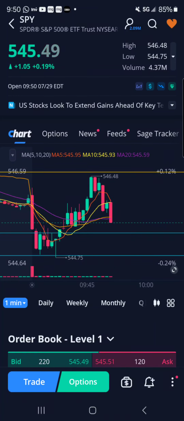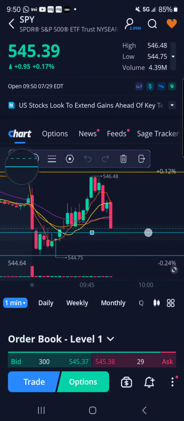All right, so right now it's getting weak. The sellers are really getting in and they're aggressive. So this is our entry level. This is where we got in on this trade, and if we can't hold this entry level, then we gotta cut the loss and get out of this trade. Probably look for a different move.